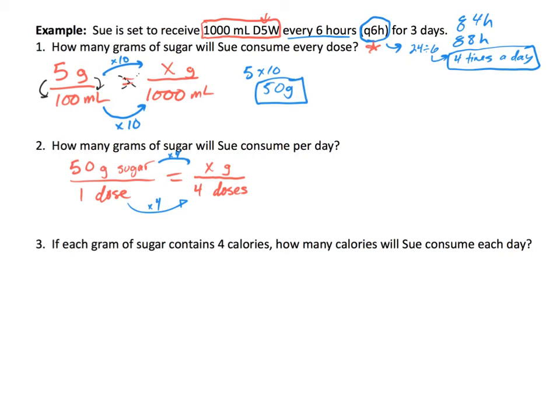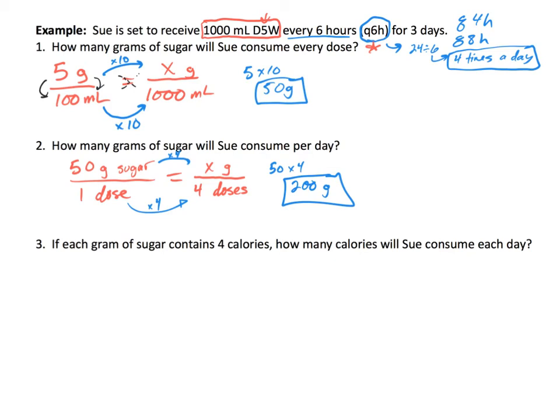So 50 times 4, that's going to give me 200. And it's 200 grams of sugar per day. And hopefully that makes sense. It's just a very quick, if it's 50 per each bag, and this is happening 4 times, it's just 50 plus 50 plus 50 plus 50 for 200 grams of sugar.